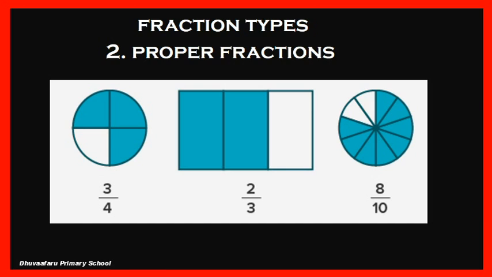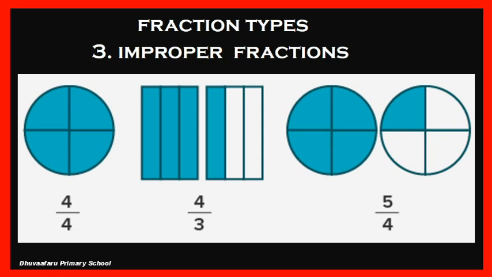Examples of proper fractions include 3/4, 2/3, 8/10. Third type is improper fractions. 4/4, 4/3, 5/4. These are examples of improper fractions. Remember that in improper fractions, the numerator is bigger than or equal to the denominator.